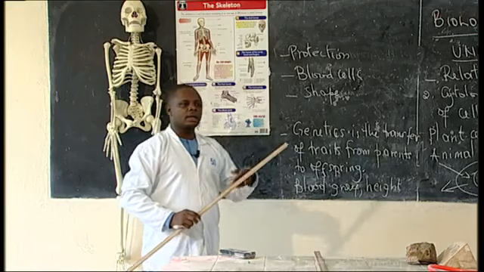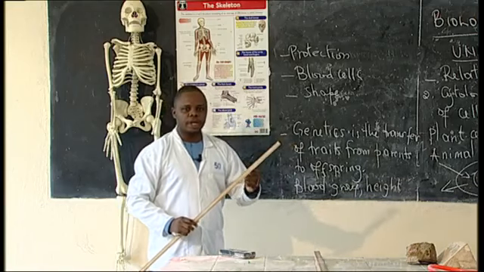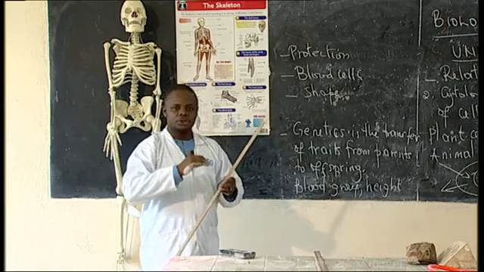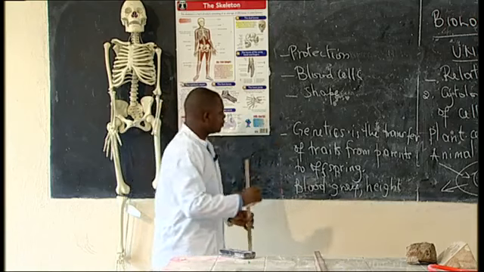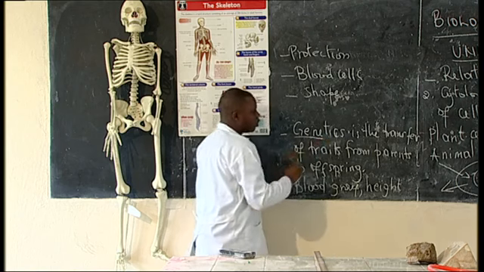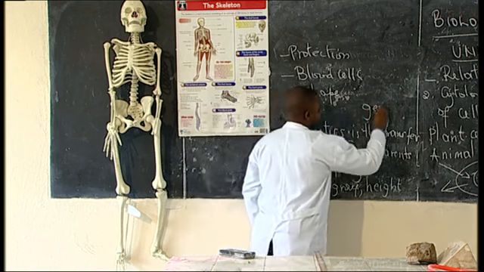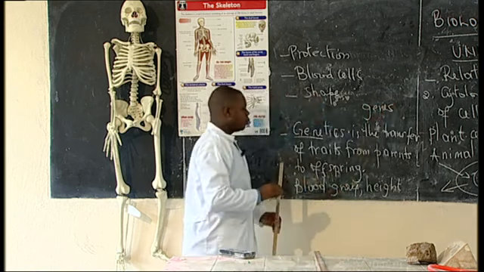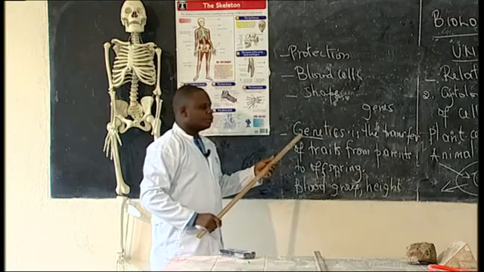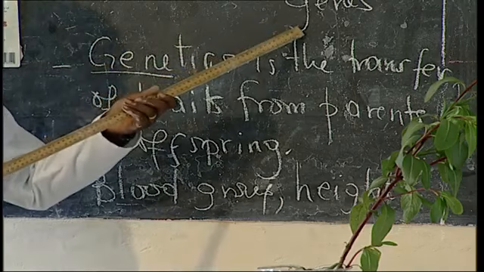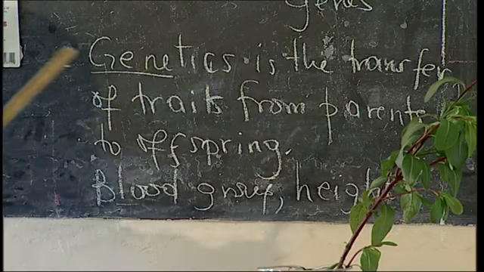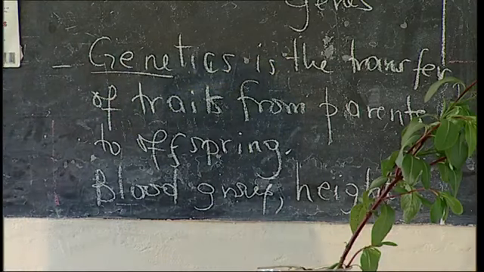Those are characteristics which are transferred from parents to offspring through what we call genes. So when we are learning genetics, we talk much about genes, which are important in the transfer of characteristics from parents to offspring.